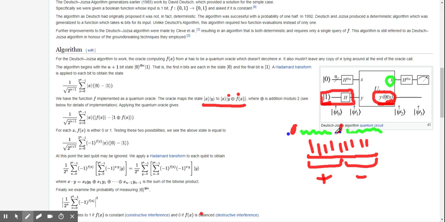So in this case, if it's 0 all the time, 0 times 0 stays 0. If it's 1 all the time, 0 times 1 stays 0. So that stays 0 regardless.